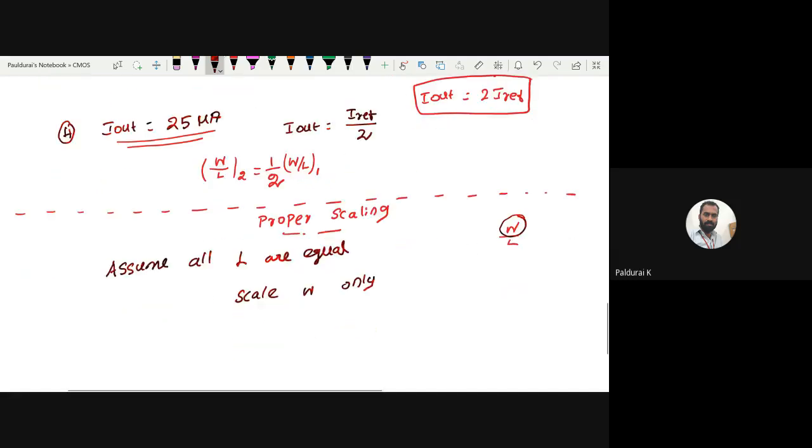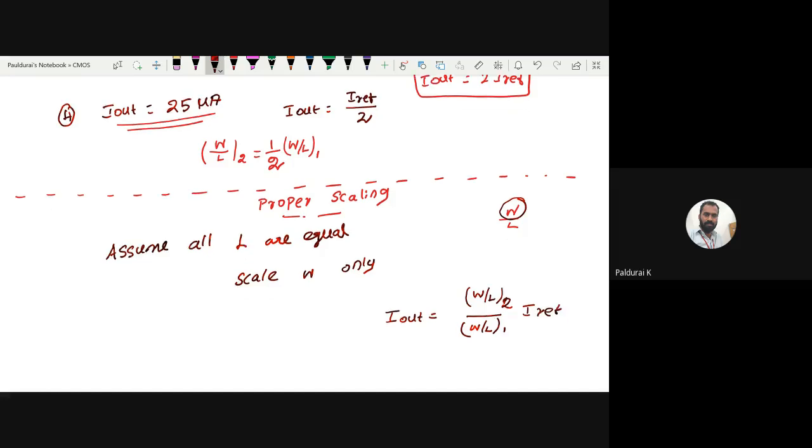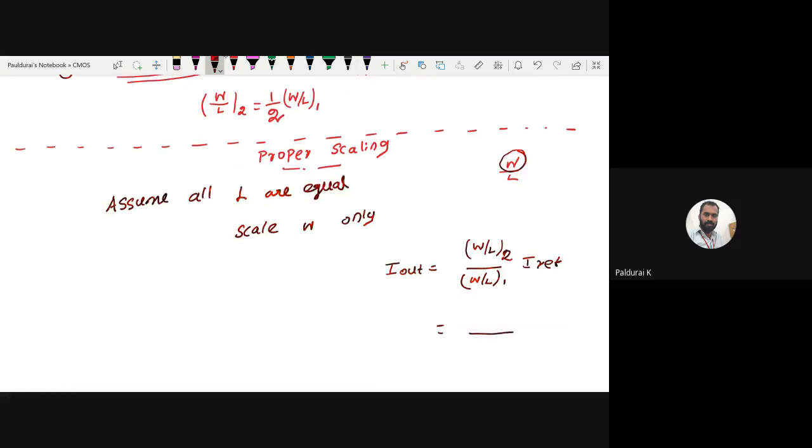which means that, see, what is the formula? I out equals width to length ratio of 2 to width to length ratio of 1 times I reference. This further can be written as, listen to me carefully, W2 over L2 over W1 over L1 times I reference.